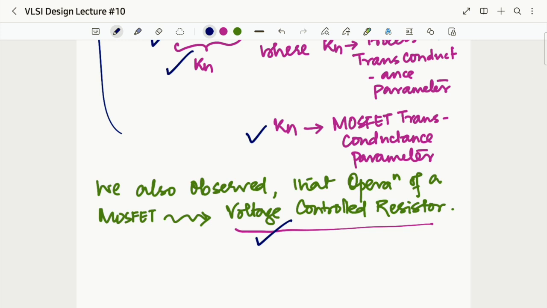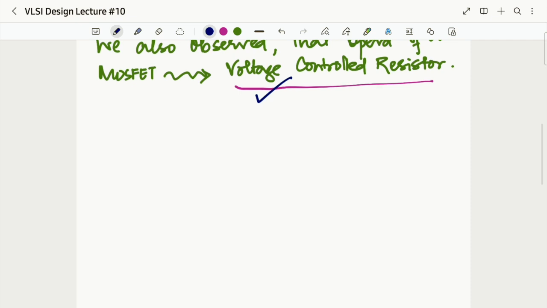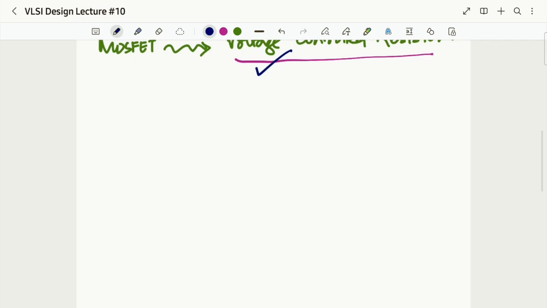So this was what we did by the end of lecture 9. Now let's continue from here, because I had told you that the story is still left. We have to complete the ID equation derivation.